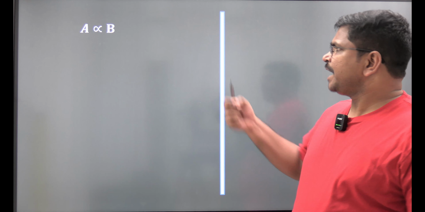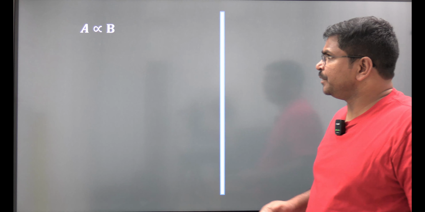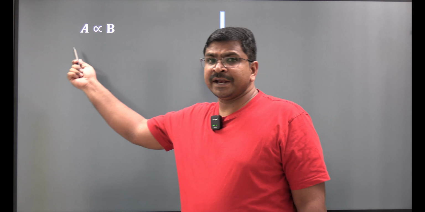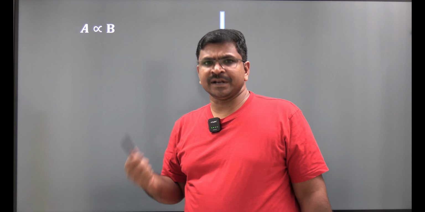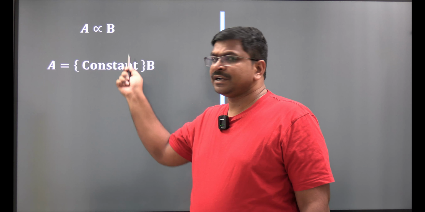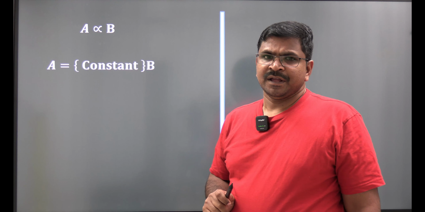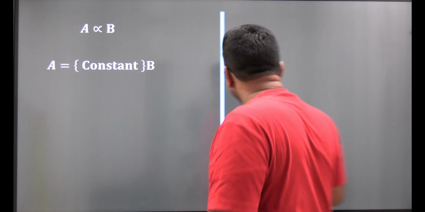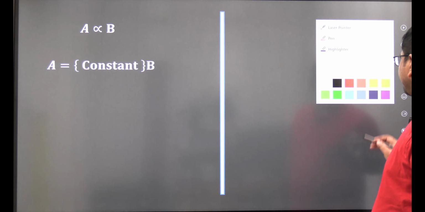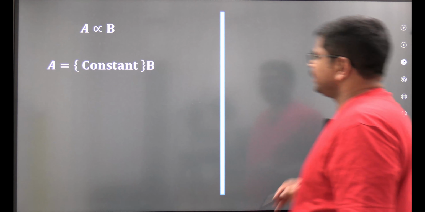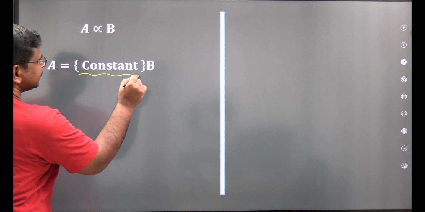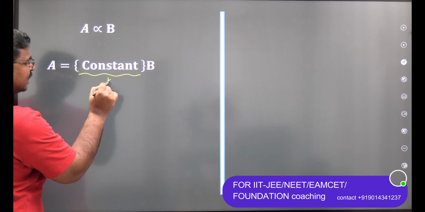In basic algebra, whenever A is directly proportional to B, we can write A is equal to a certain constant times B. This constant can be anything like C or K, or your favorite variable, but the usual notation is K.